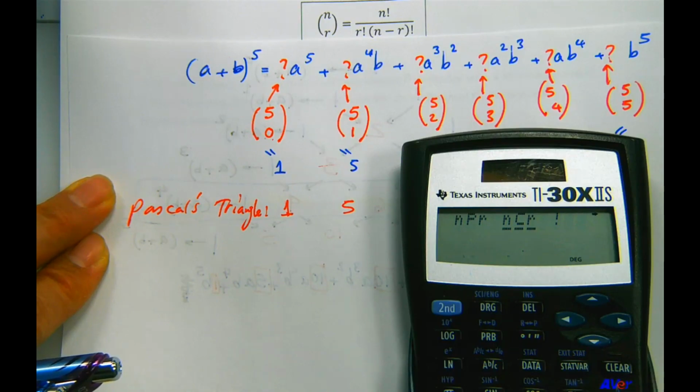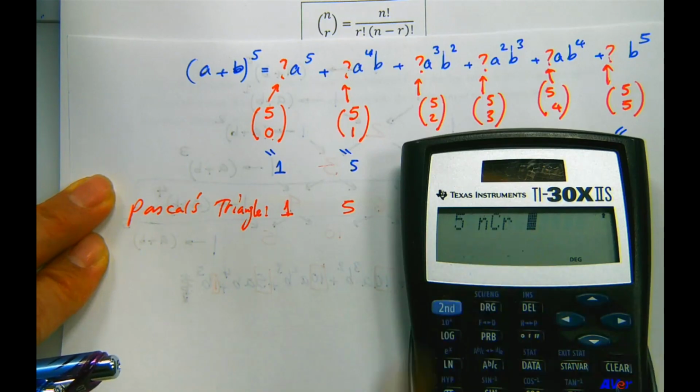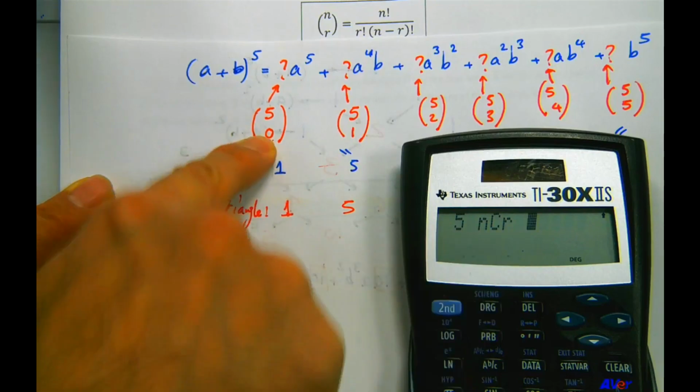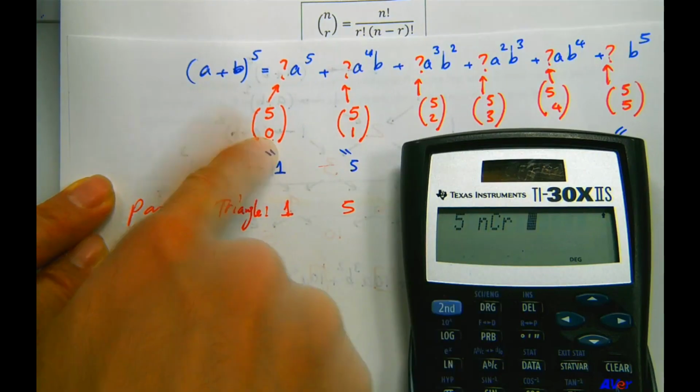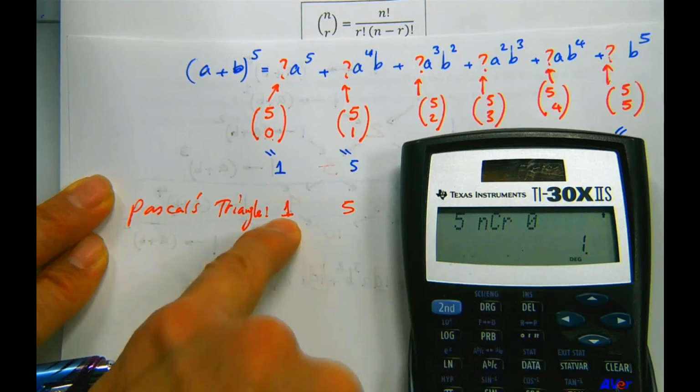N combination R. N choose R. Okay, so I'm going to pick that. 5 NCR. Then I'm going to put in 0. Enter, 1, which is what we have.